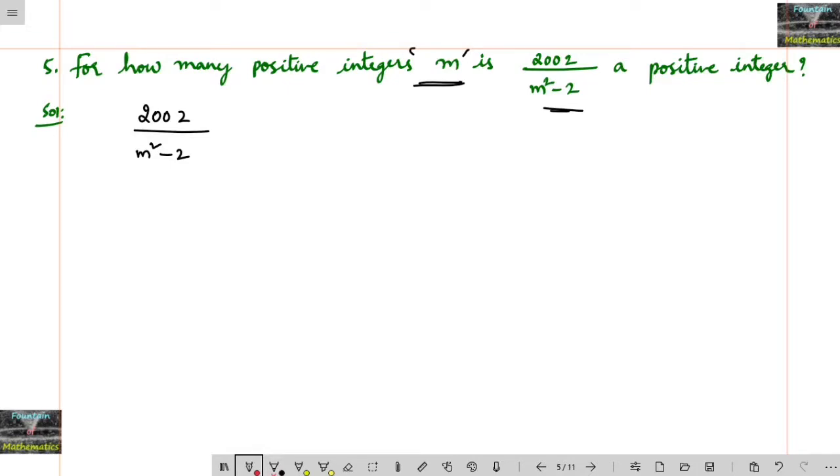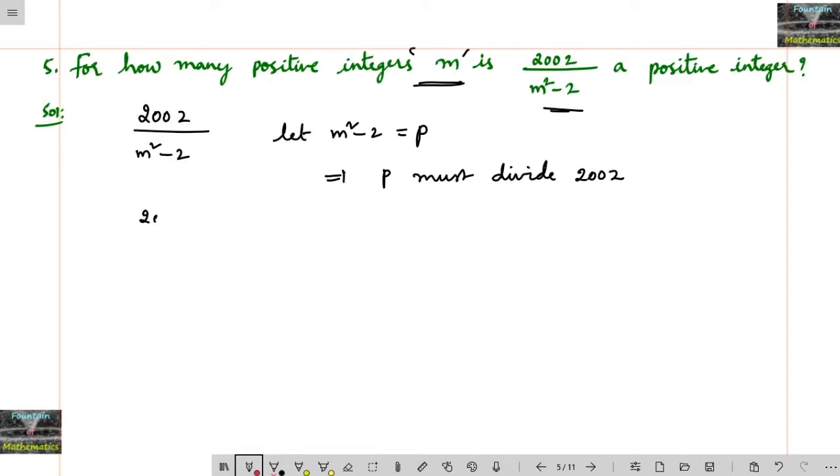To get a positive integer, definitely this m square minus 2 must divide this. Let m square minus 2 be equal to some p, which implies that p must divide 2002. So p must divide 2002 for getting an integer.